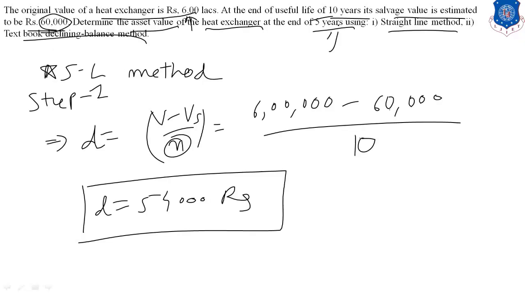So it becomes our step 2. In step 2, we are going to find out the asset value or book value, which can be given by VA is equal to V minus A into D. A stands for the number of years at which we are going to find the asset value. So in the statement, given that we have to find out the asset value at the fifth year.